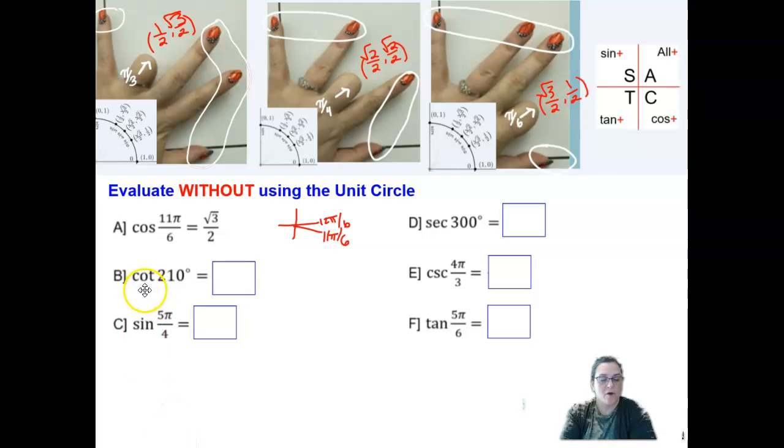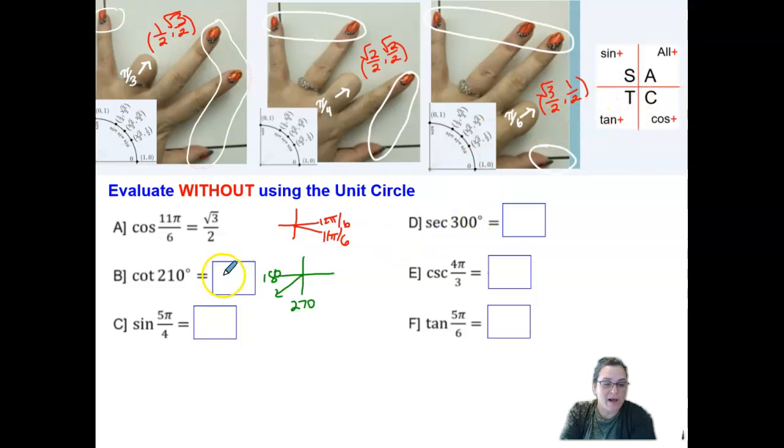Okay, cotangent of 210 degrees. 210 degrees in my circle in degrees is between 180 and 270. So 210 degrees is in quadrant 3, where both x and y are negative, which makes tangent and its reciprocal positive in quadrant 3.